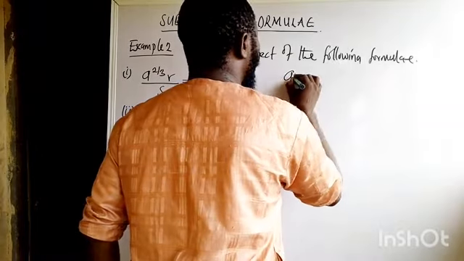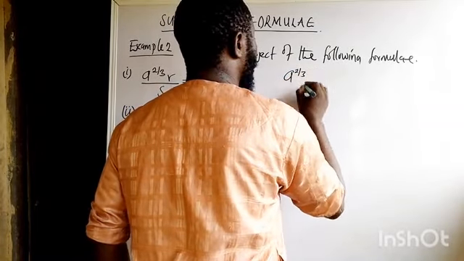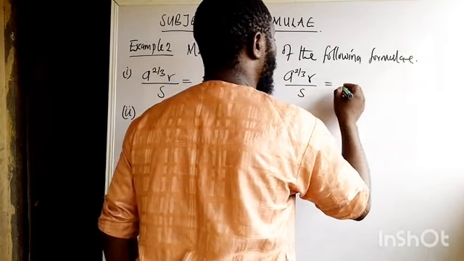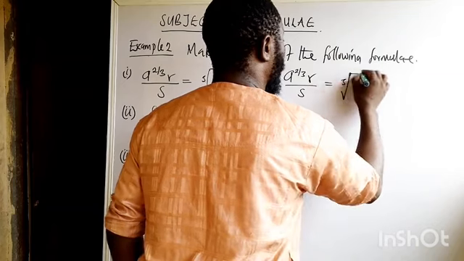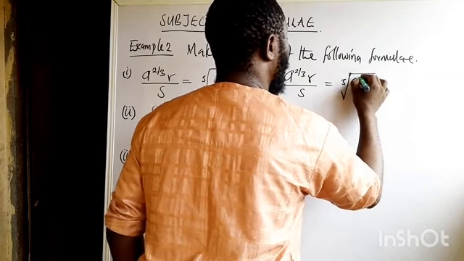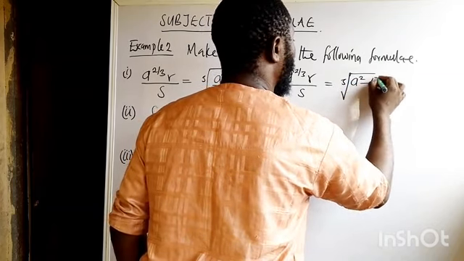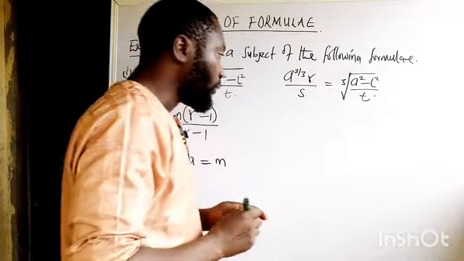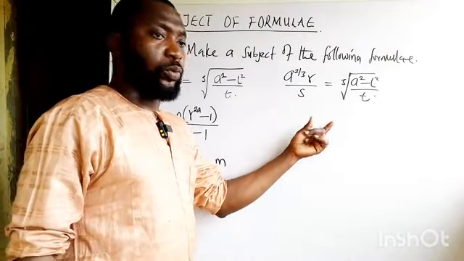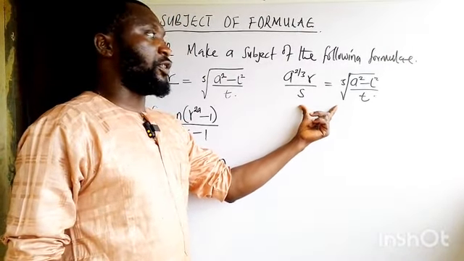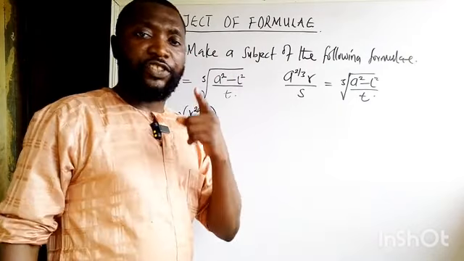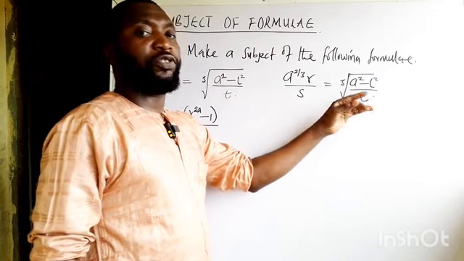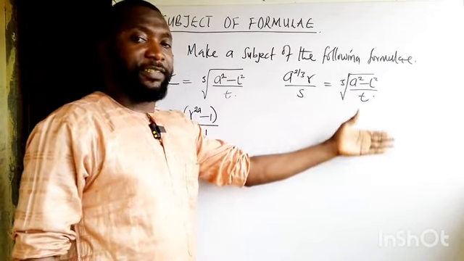So we are given a to the power of 2 over 3 r divided by s equals cube root of a square minus l square, everything divided by t. Now, the first thing to do in this kind of question, since what you want to make subject is inside the root, sometimes what you want to make subject may be inside the bracket.